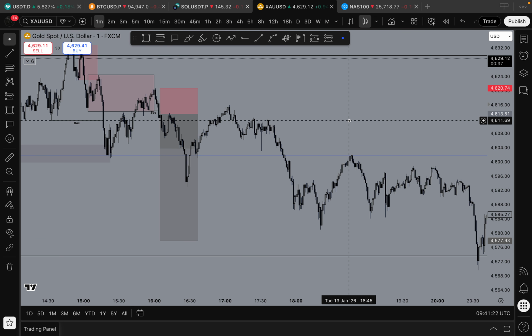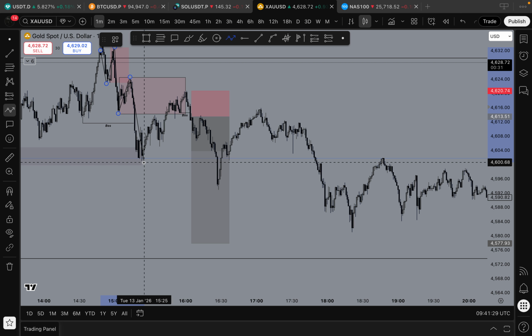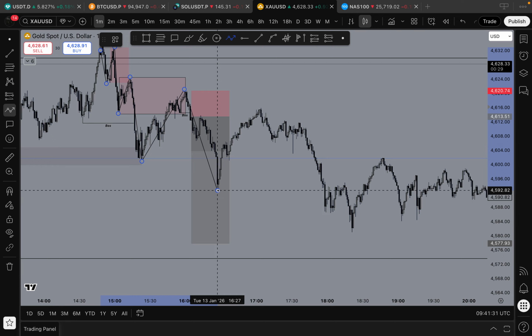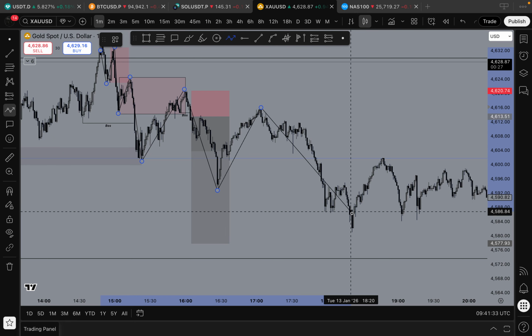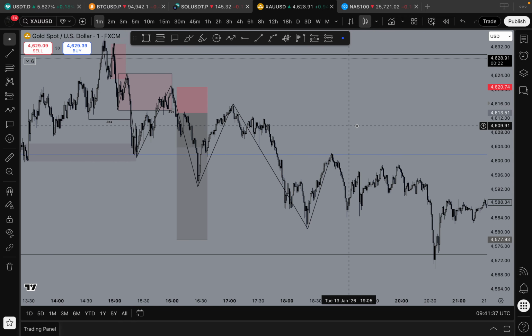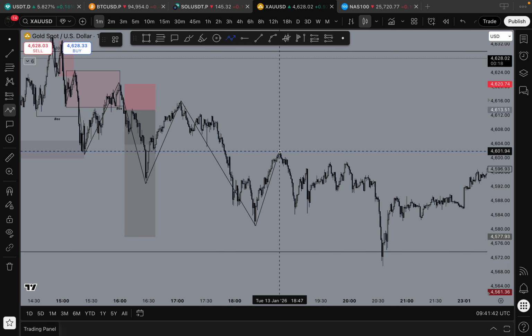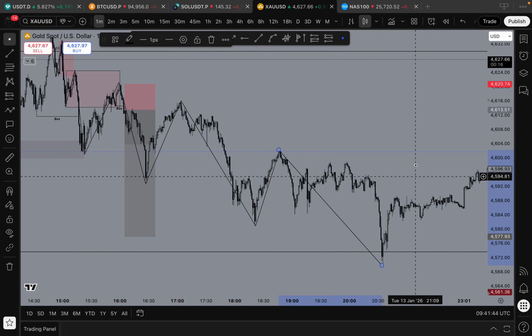Then what did price do? Price continued the overall downtrend. There, lower high, lower low, lower high, lower low, lower high. Then we have to see what happens from here. And then again, price goes back to the lows.